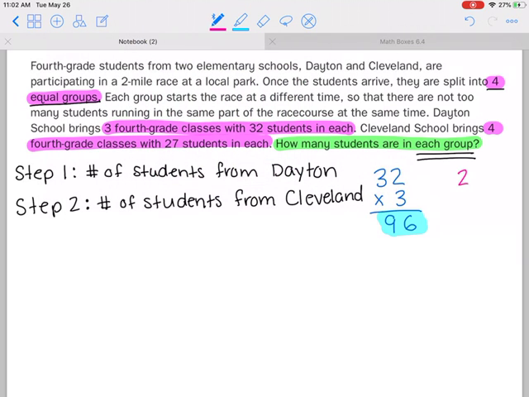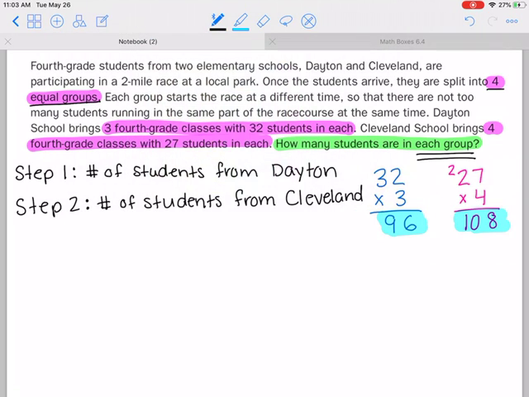So if there's 27 students in each class and there's 4 classes, so 4 groups of 27, I know that 7 times 4 is 28. 4 times 2 is 8, plus 2 is 10, so 108. That's how many students came from Cleveland.